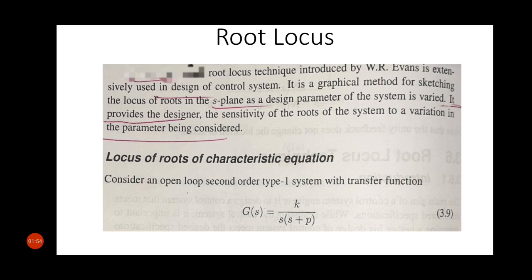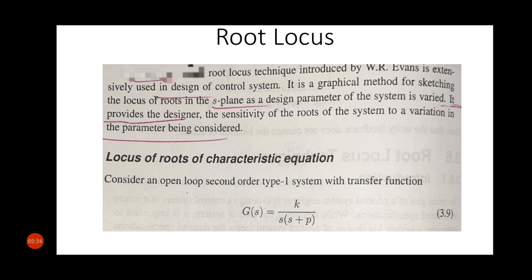But the Routh criterion has certain drawbacks. The first drawback is that it does not give sufficient information about the relative stability of the system, that is, the amount of overshoot and the settling time, etc. Sometimes poor relative stability may bring the system to the verge of instability.